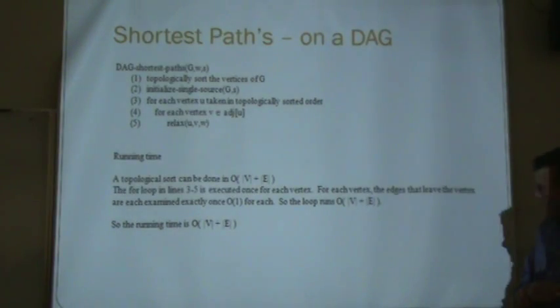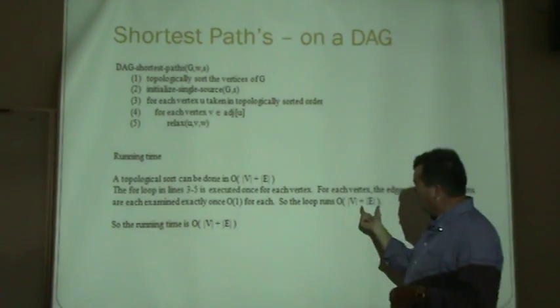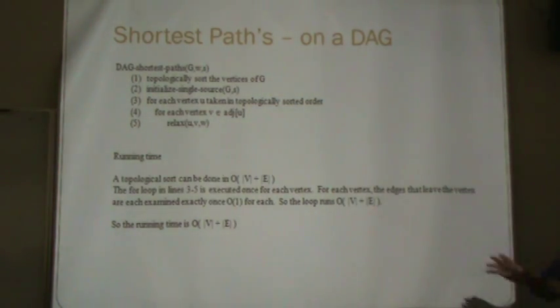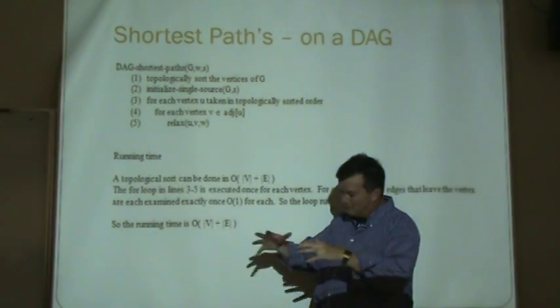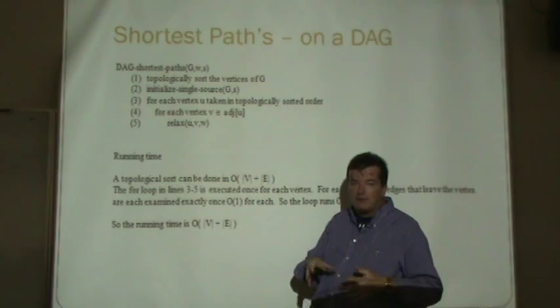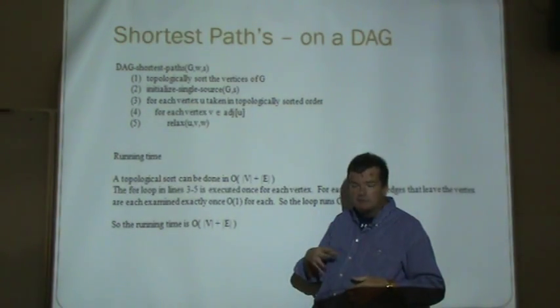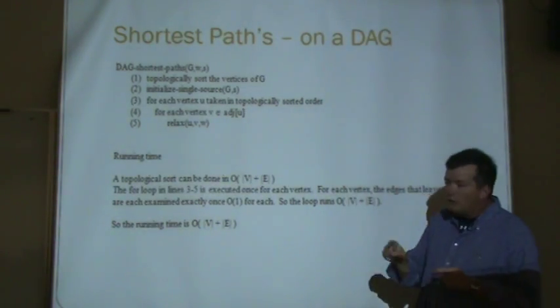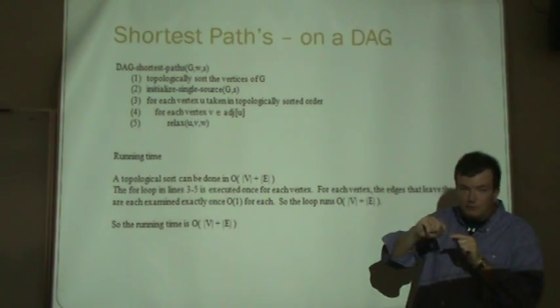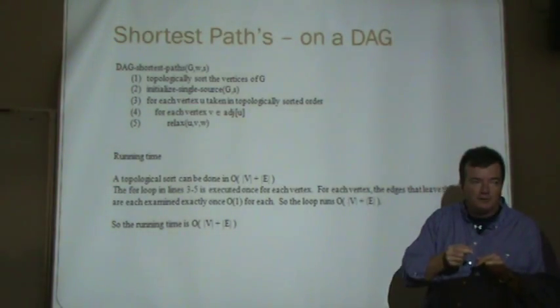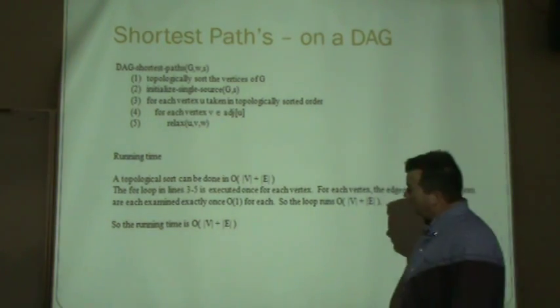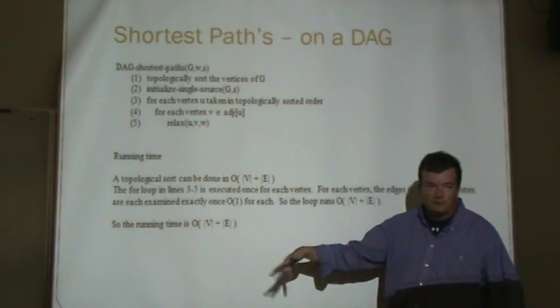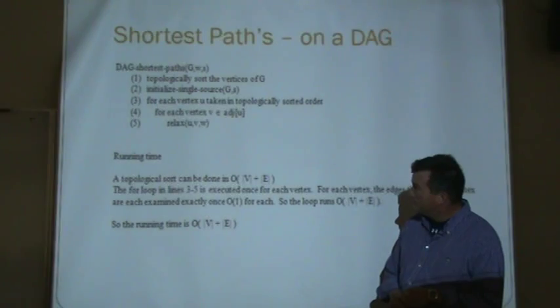So the number of times that would happen is V plus E also. So all we're really saying here is, if the map that you're trying to run the shortest path algorithm on happens to have no cycles, you can't get from New York to Philadelphia and then back to New York. If that were the case, then instead of using a V squared algorithm, we could use a V plus E algorithm.